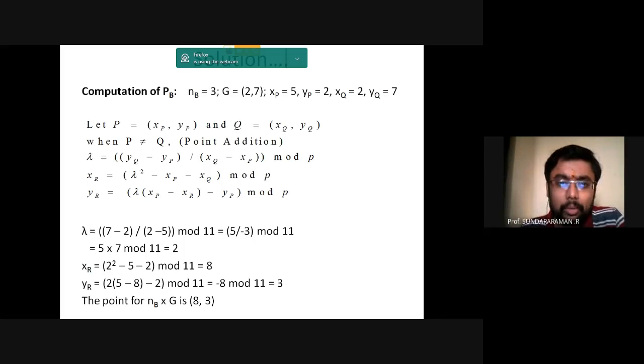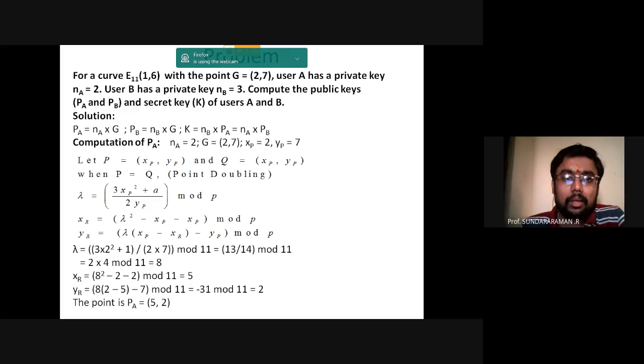So as I already told you, user B must perform one point doubling operation and subsequently point addition operation, because of the value chosen. That's it.